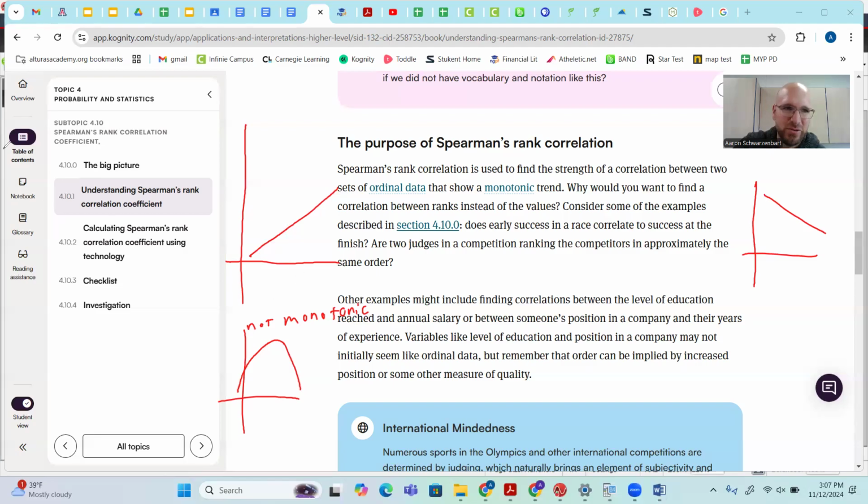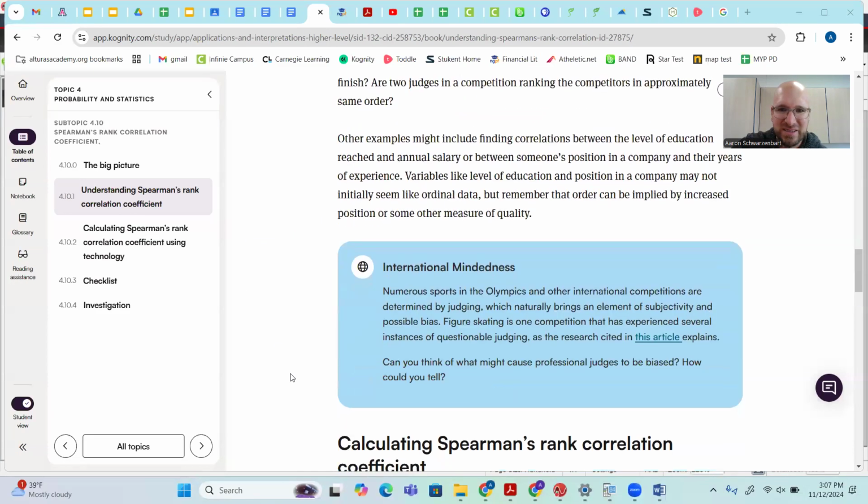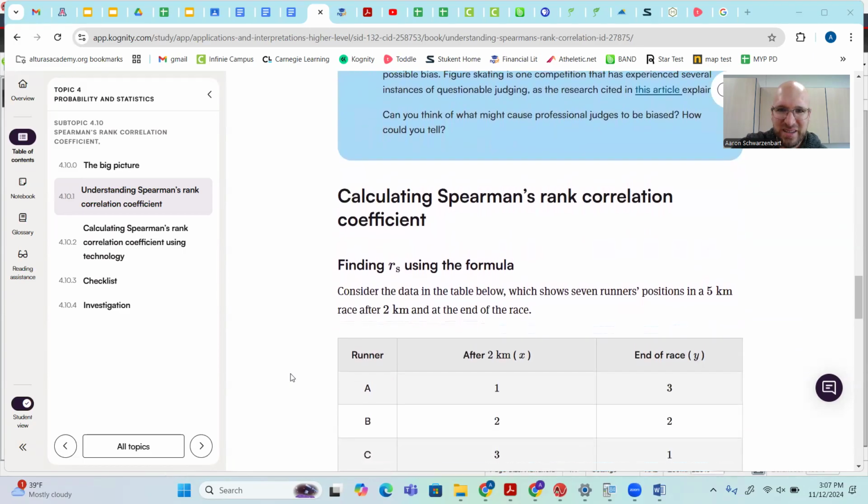Okay, so you do have to order everybody's positions then. There can be ties in the order, but you do have to order positions to use this. So things can be put into orders that might not necessarily seem that way. Sports tend to use this a lot.